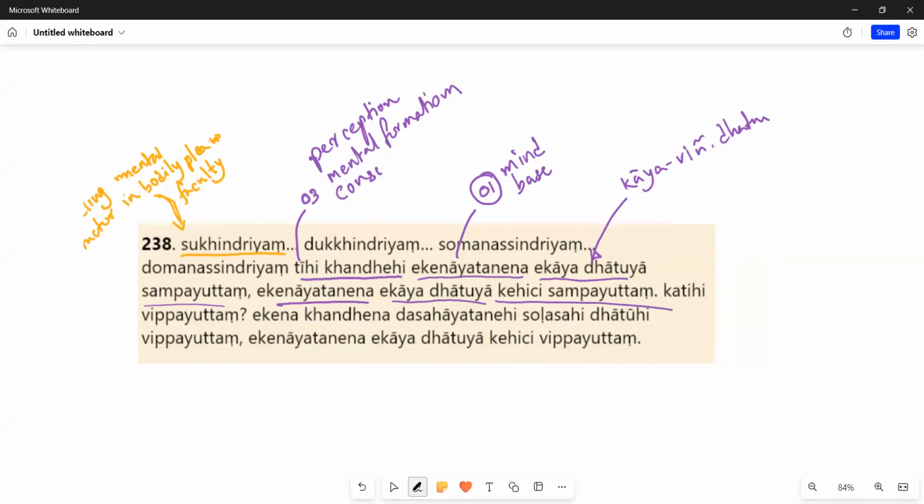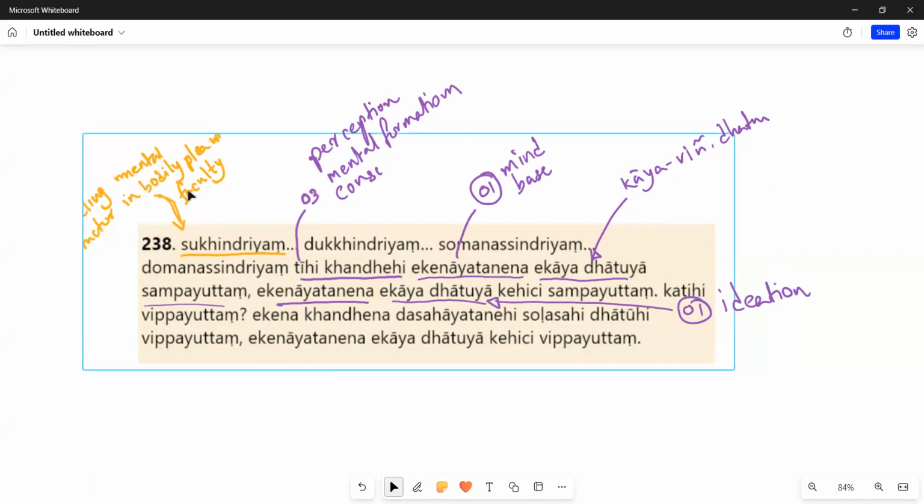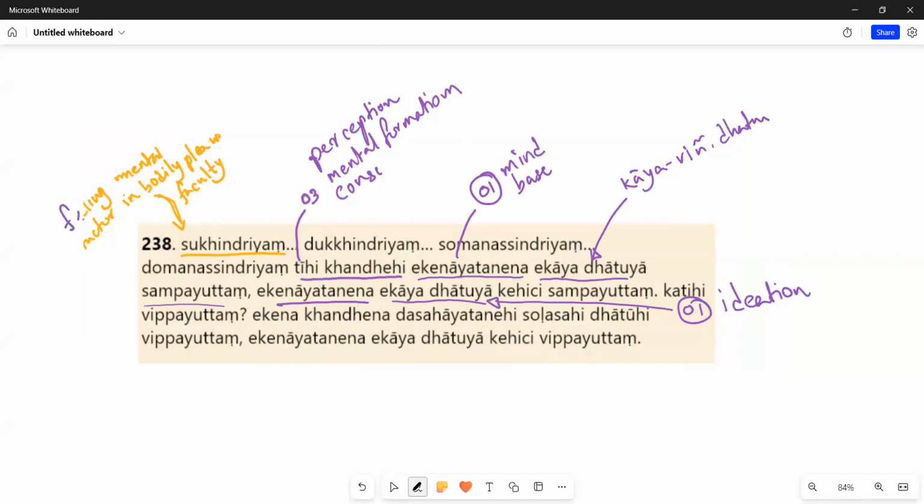I'll write it here. So it's one, the ideation element and the ideation base. Now this feeling mental factor, the Vedana Chetasika which arises.